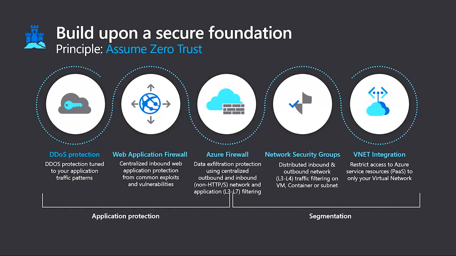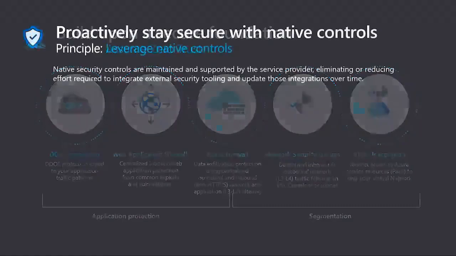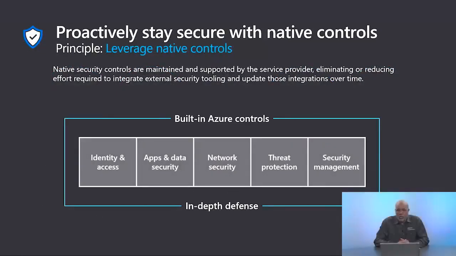And with that, let's discuss the next principle, leveraging native controls. So Microsoft, as I mentioned, has invested across identity and access management, applications and data security, network security, threat protection, and security management.